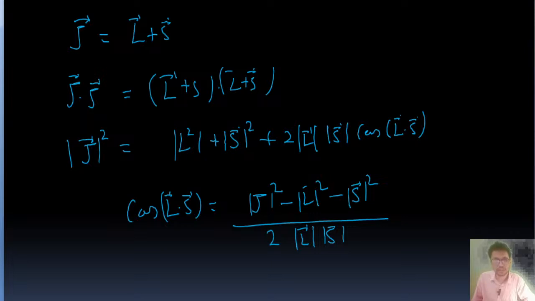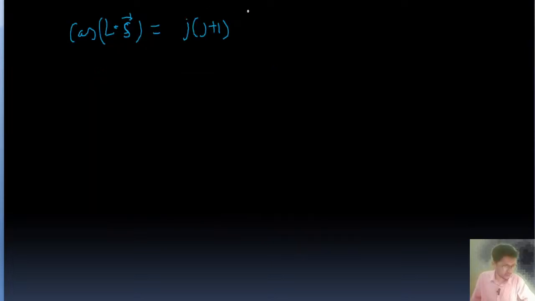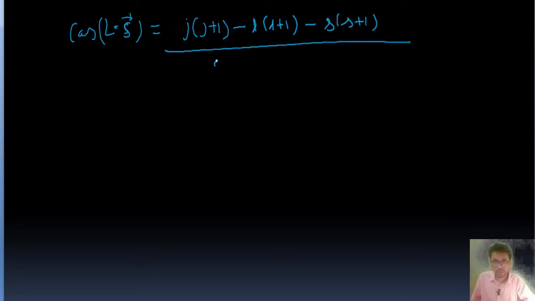Here also h cut square, so we get J into J plus 1 minus L into L plus 1 minus S into S plus 1 upon 2 into root L into L plus 1 into root S into S plus 1. LS means this one.